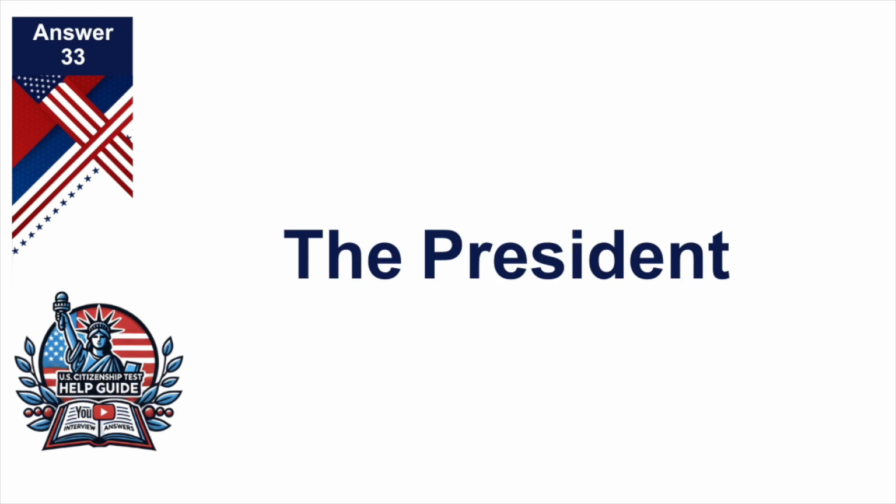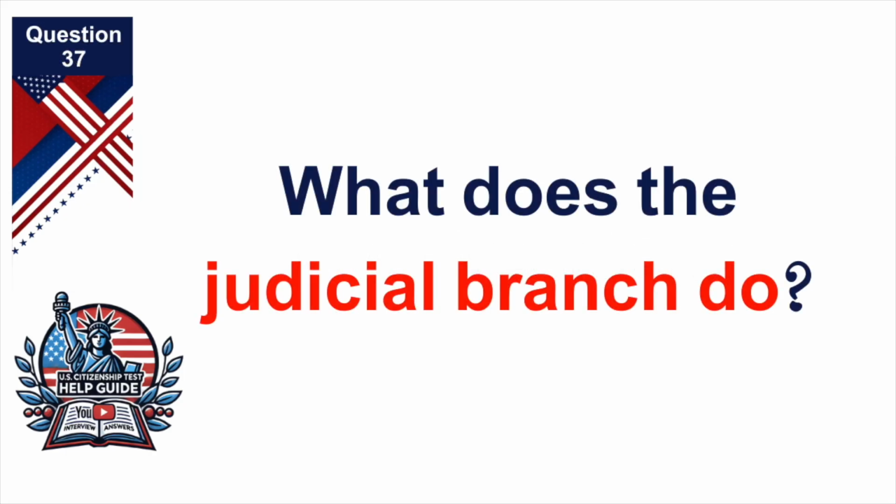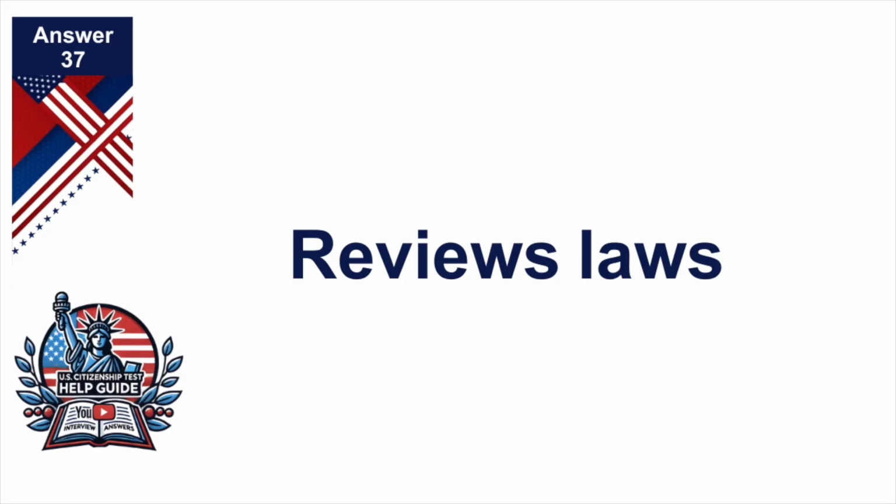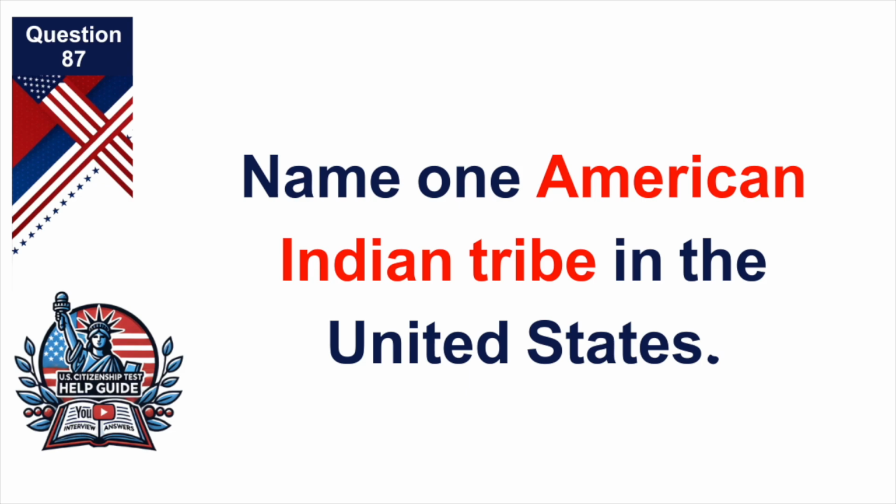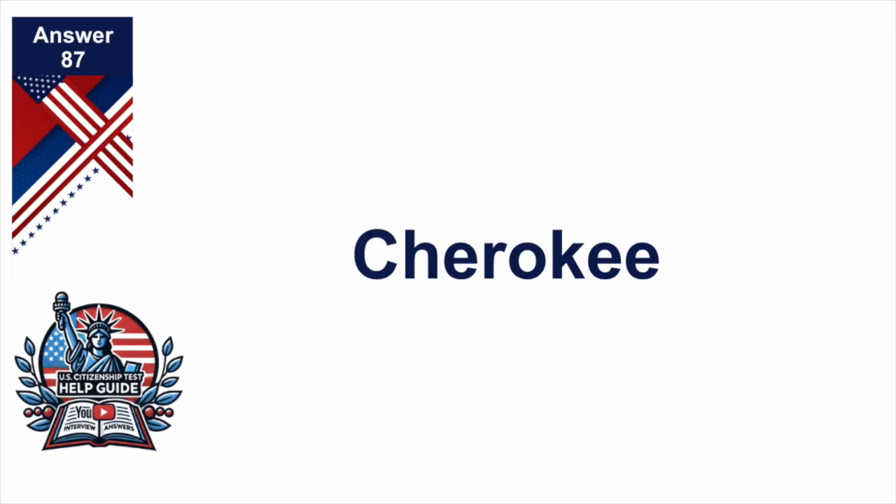The President. What does the judicial branch do? Reviews laws. Name one American Indian tribe in the United States. Cherokee.